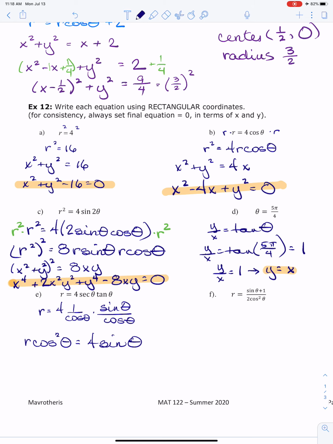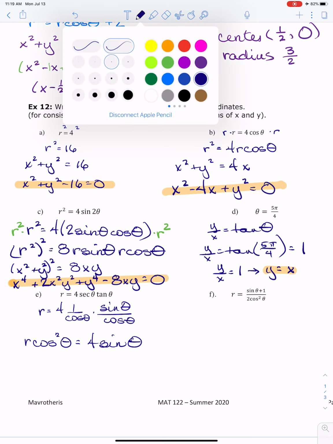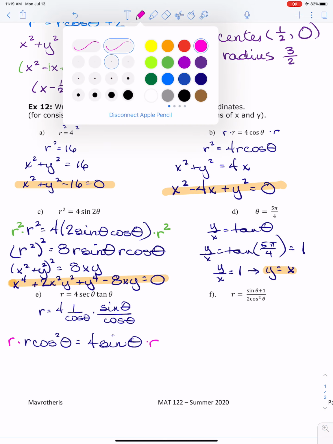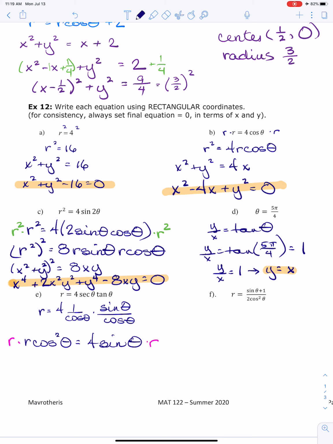I can't do anything with the sine. It needs an r. I also need an extra r over here on the left-hand side. So I have an r for each of my cosines. That gives me r cosine theta squared equals 4r sine theta.